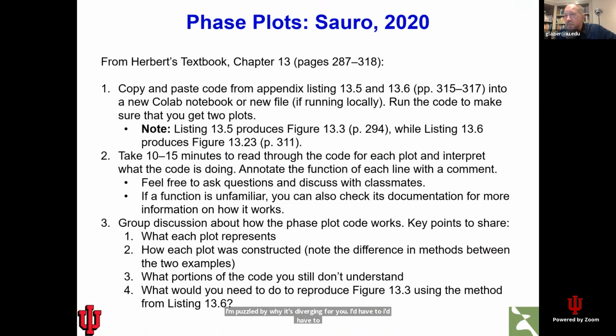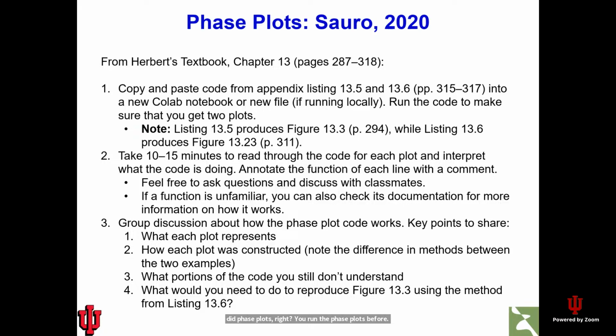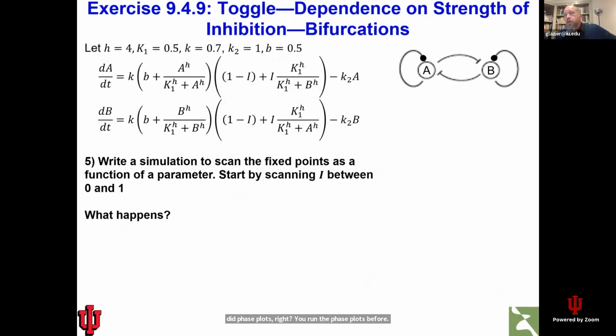Okay. So let's come back to the phase plots. You had code that did phase plots, right? You ran the phase plots before. Yes. Okay. So why don't we do a phase plot of this circuit? And to begin with, just set I equal to 1, the maximal inhibition.